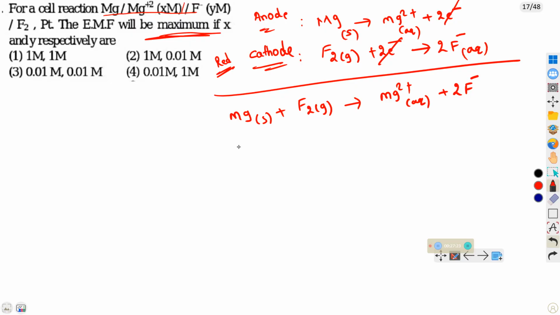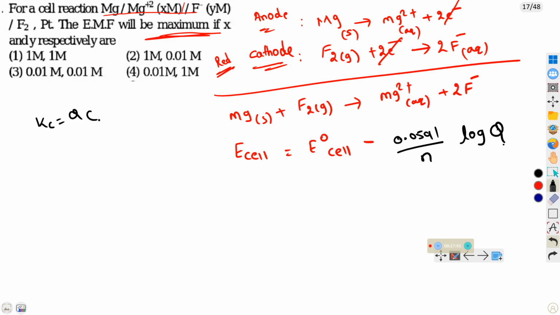Now calculate according to the Nernst equation. E cell is equal to E naught cell minus 0.0591 by n log Q. If the reaction is in equilibrium, then Kc is equal to Qc. Qc is the product of product concentrations by the product of reactant concentrations. The solid substance you can neglect.